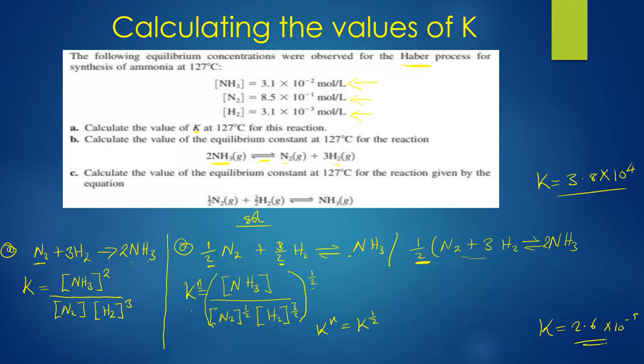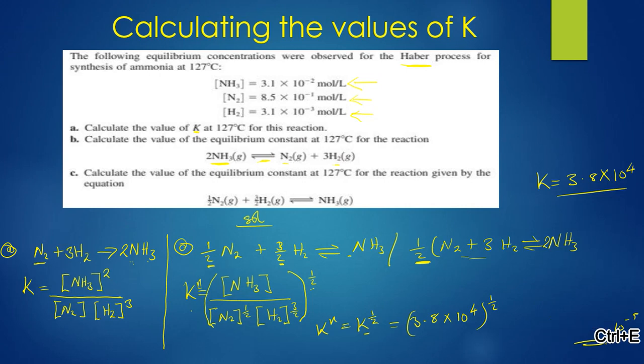So when it's like this, what's going to happen? We are going to say, what's your K? Your K we found at first, it's 3.8 times 10 to the power 4. So we are going to say 3.8 times 10 to the power 4, and then you do to the power 1 over 2, like that.